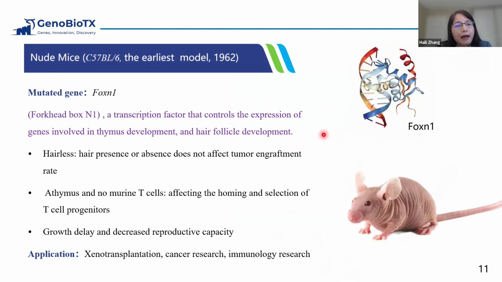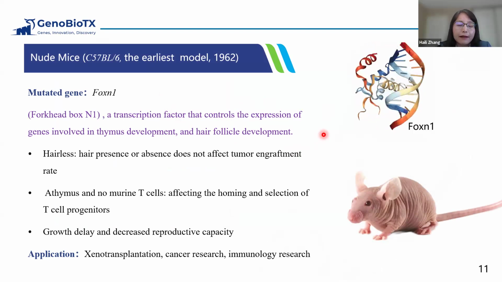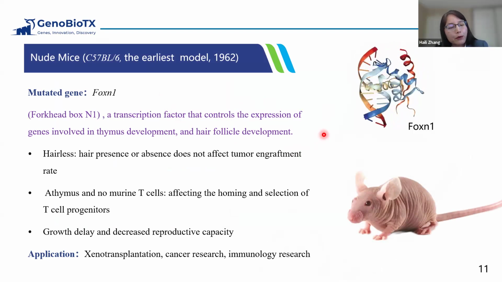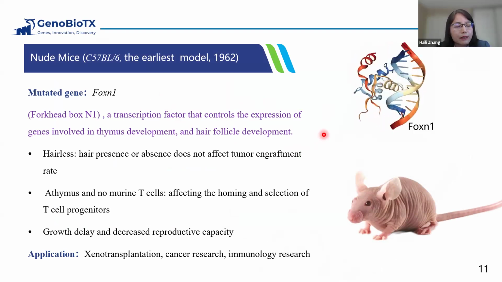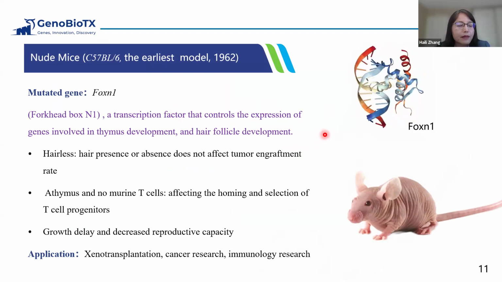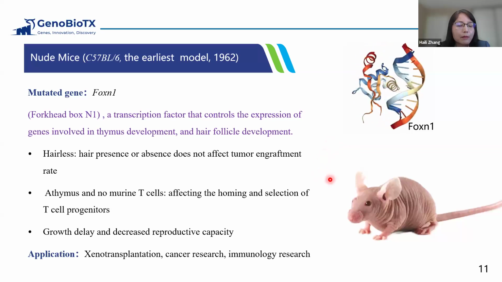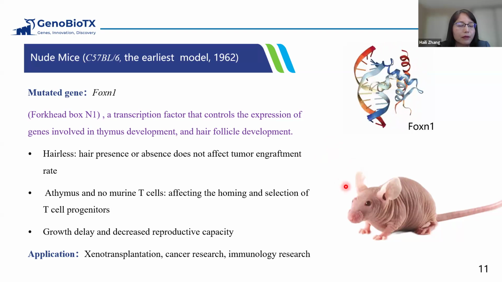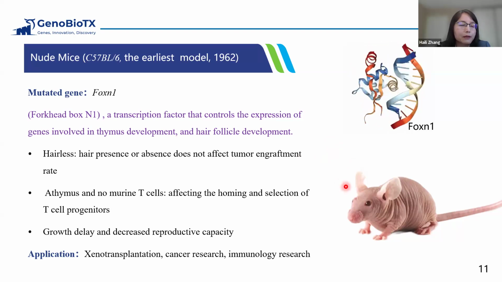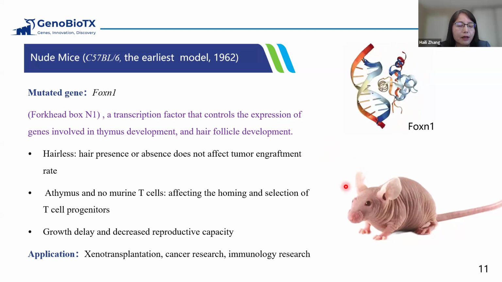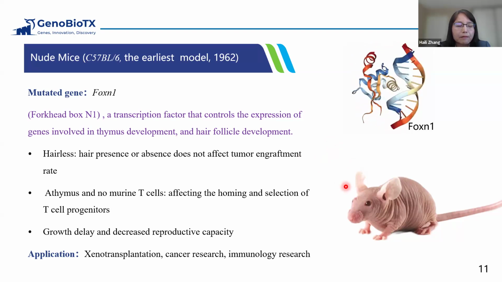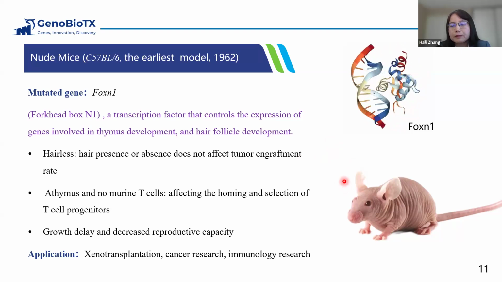So the phenotype of nude mice shows hairlessness and no thymus, growth delay, and decreased reproductive capacity. As a mouse model, hair presence or absence does not affect tumor engraftment rate, but no thymus affects the human selection of T cell progenitors.